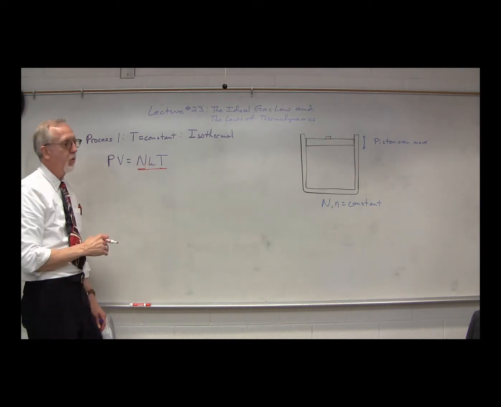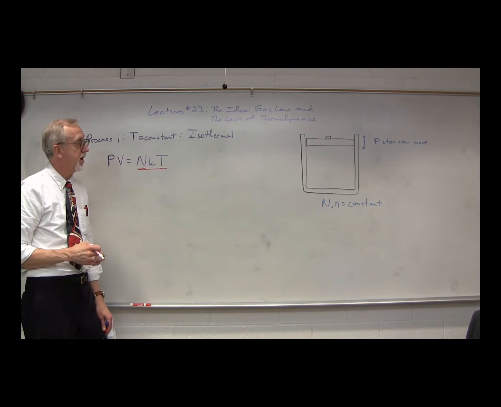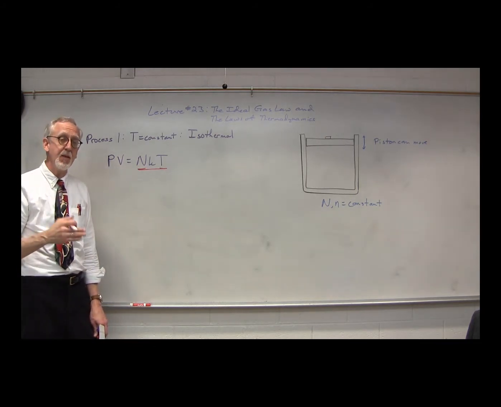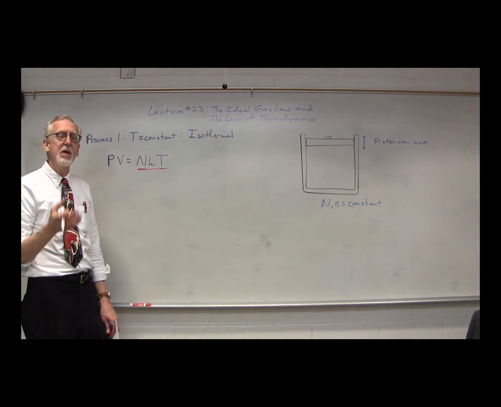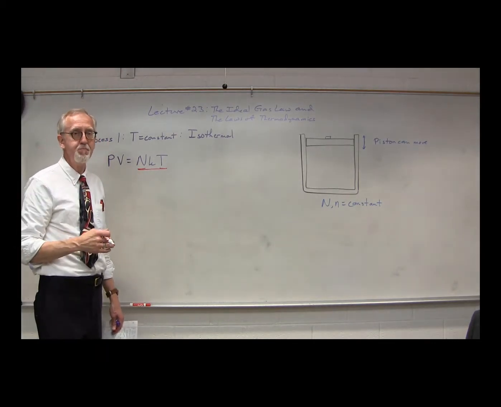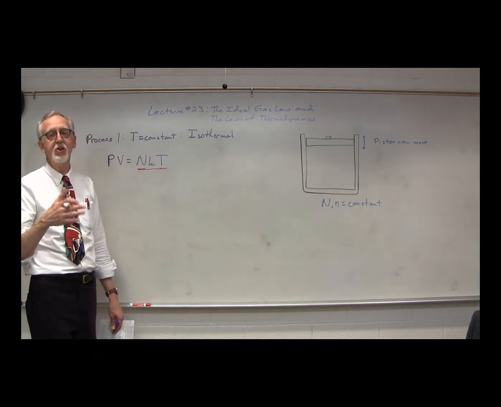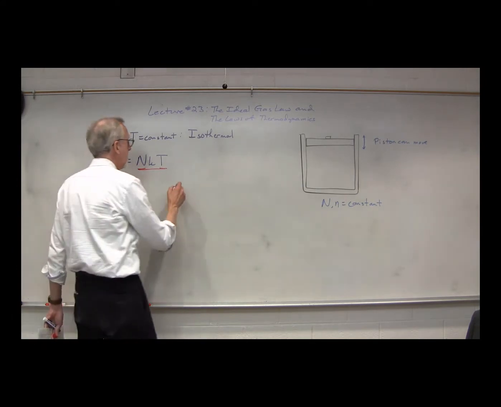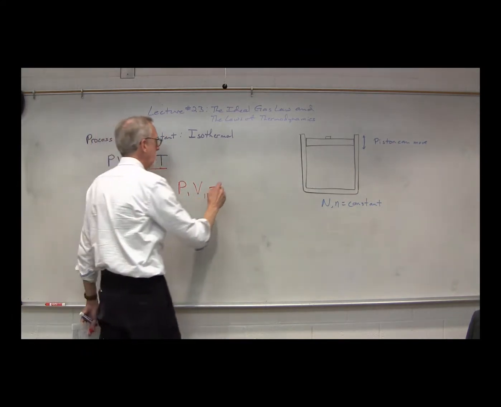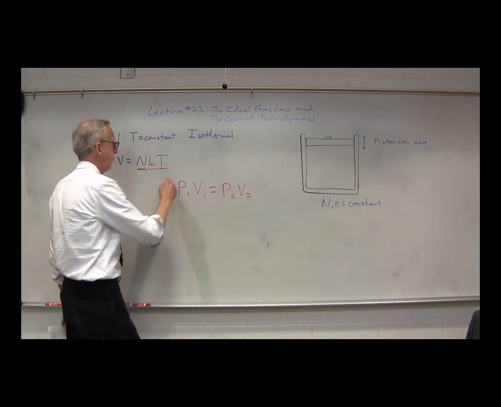So no matter how we change the pressure and the volume for our isothermal process, the product of P times V must remain the same. In other words, if we start out with some initial values, say P1 and V1, and we perform this process and end up with some final values, P2 and V2, we know that P1 times V1 must equal P2 times V2.